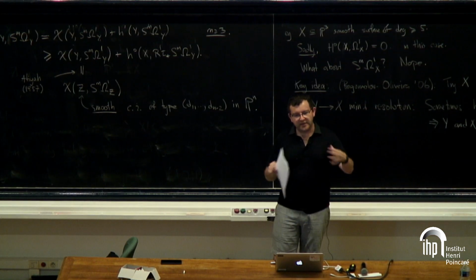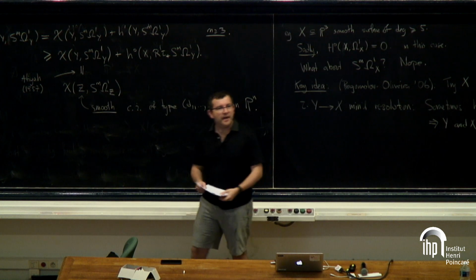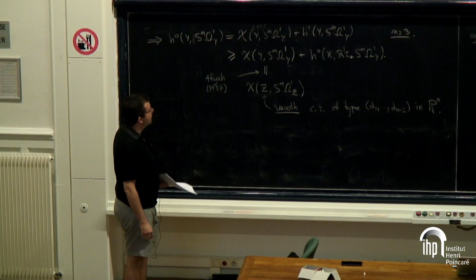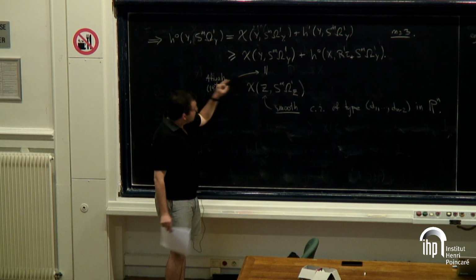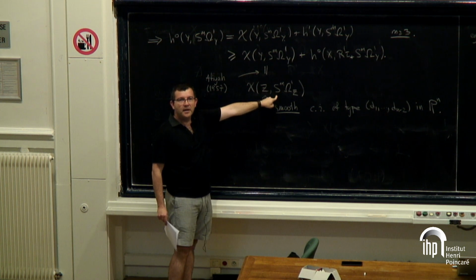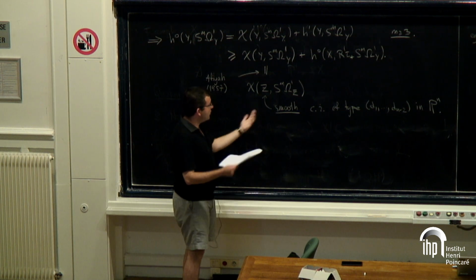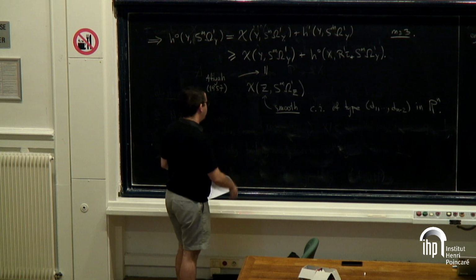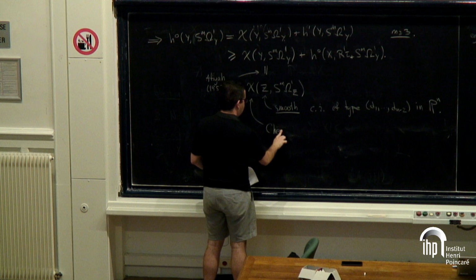And Euler characteristics are diffeomorphism invariants, so you may as well just pretend that y is in fact a smooth complete intersection of the right type. And then that's really good news, because this is just some Chern class calculation. So if you had never done it, you just open Fulton's book and you read about the splitting principle, and then you play around for a little bit, and then you compute. So this is a Chern class calculation.